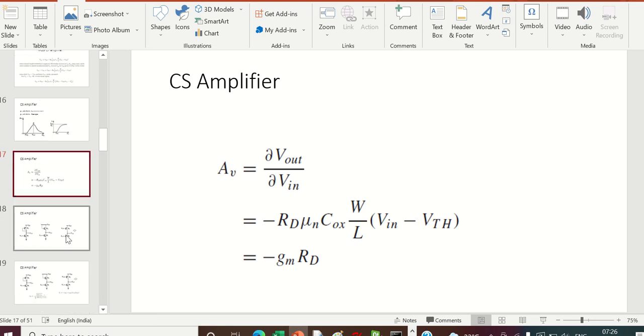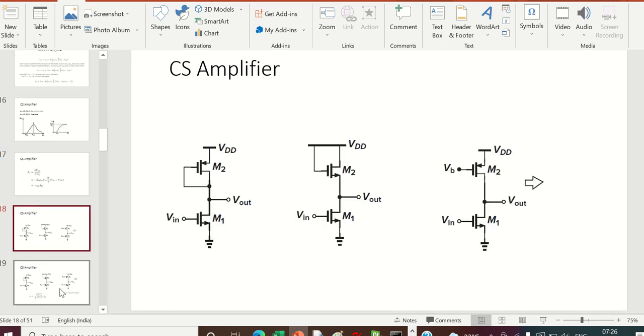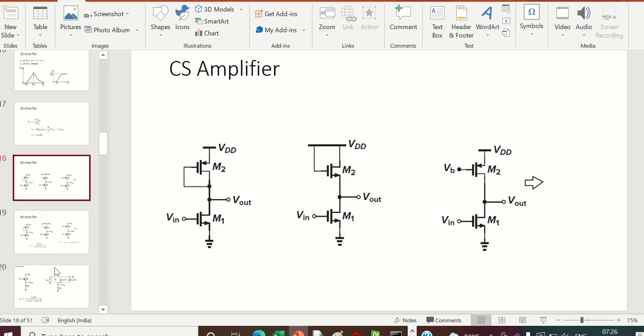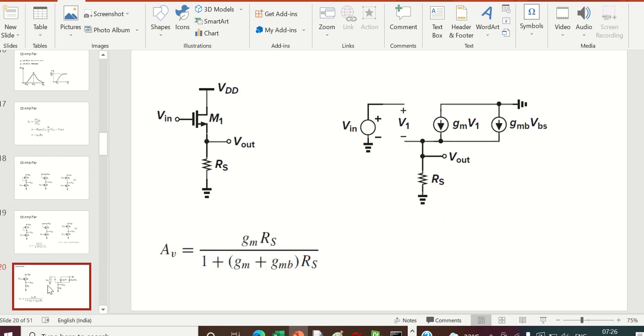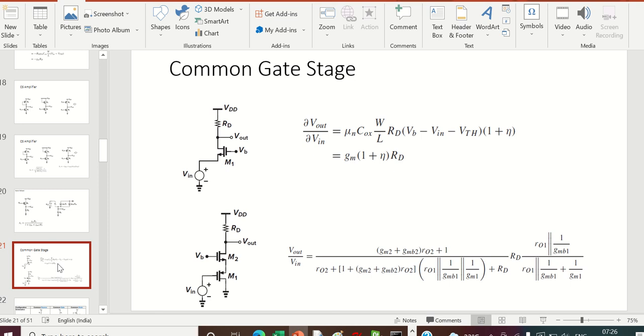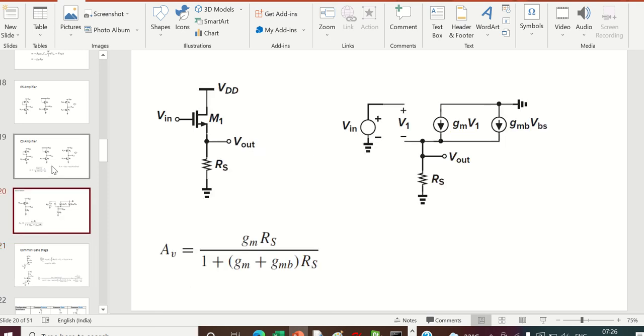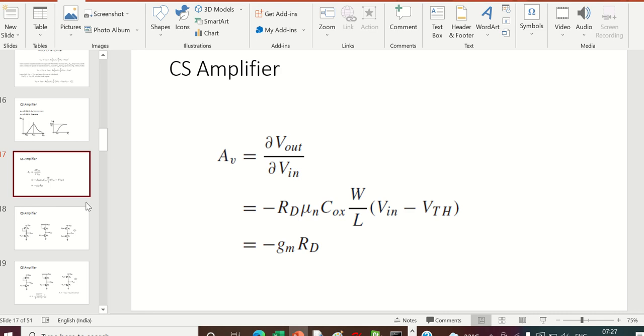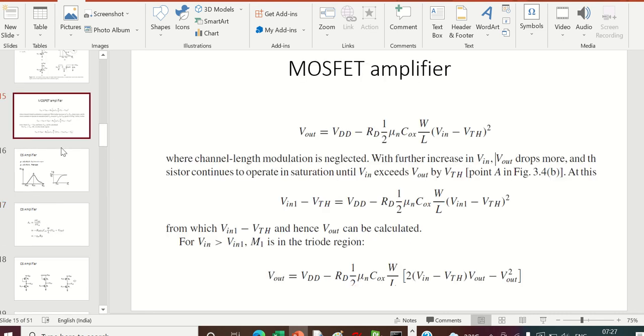There are multiple more types of amplifiers, which each one of you has to do in the coming days. There are multiple variants, like eight different types. We will do all these things slowly in the coming days. So today we will stop here, because more topics are there to cover.